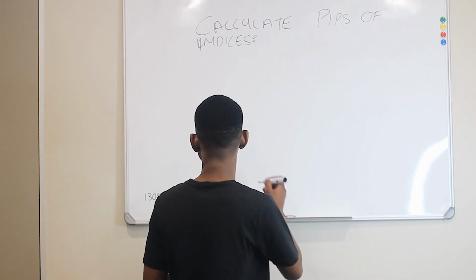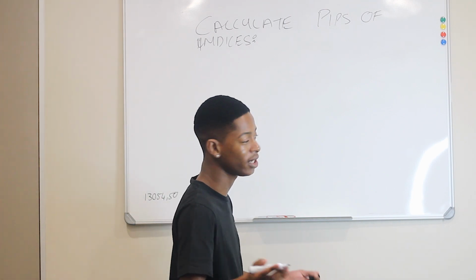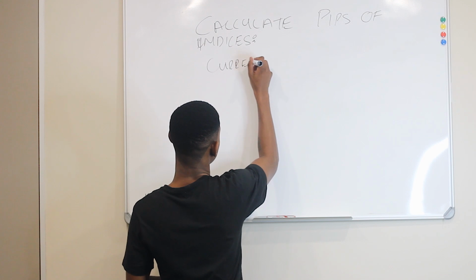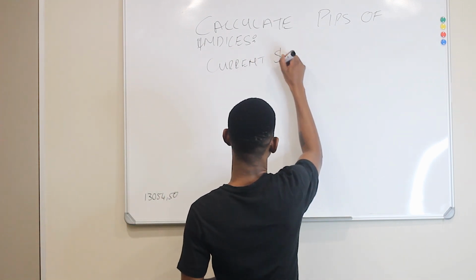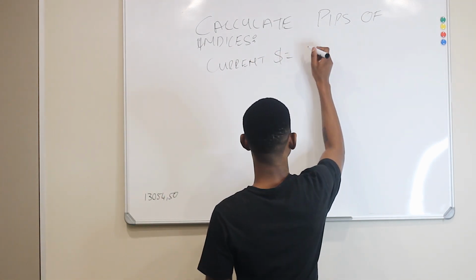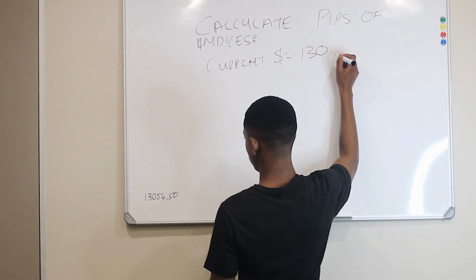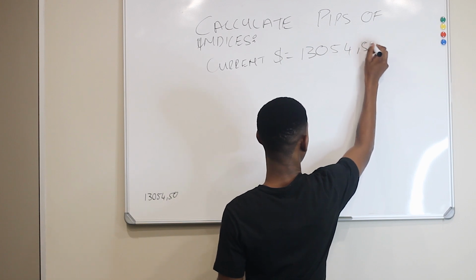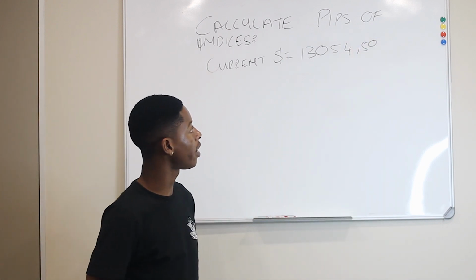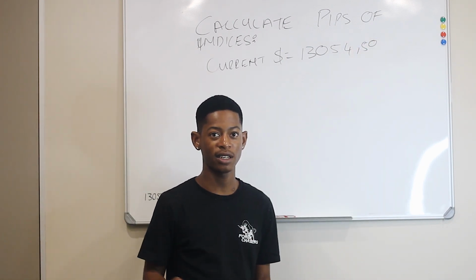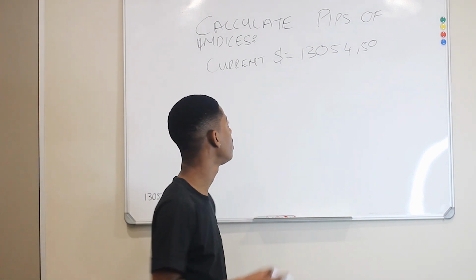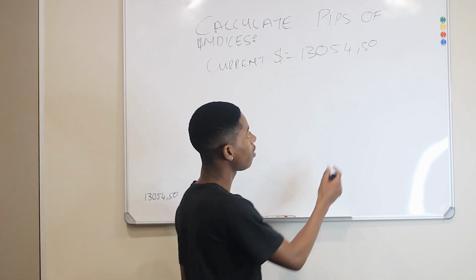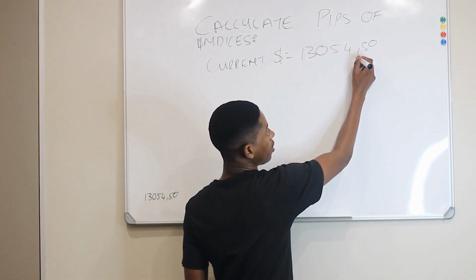So let's say now the current market price for NASDAQ is 13054.50. Is it visible there on the side? Perfect. Okay, so now just take a look at this decimal point that's here.